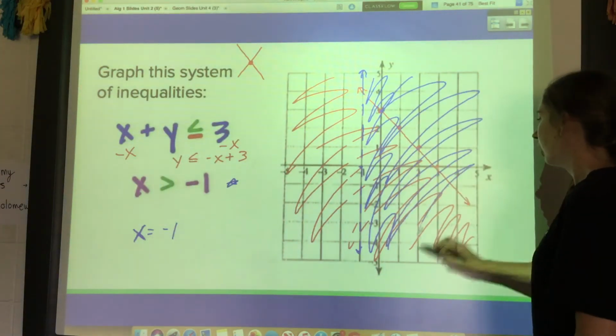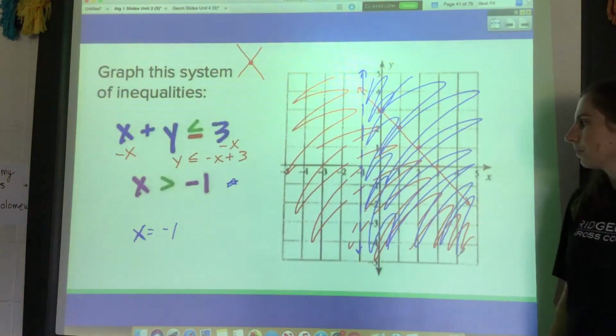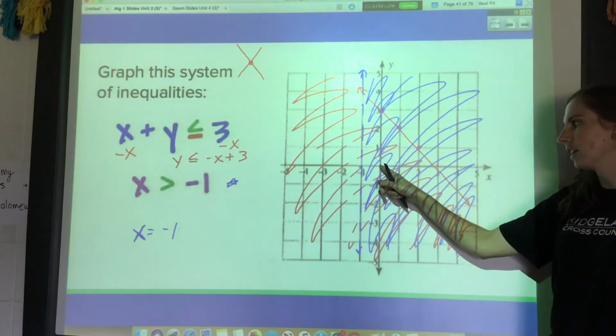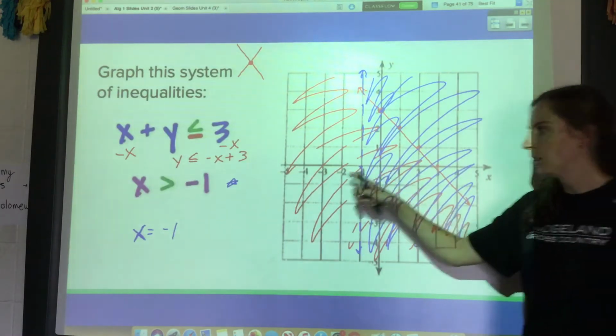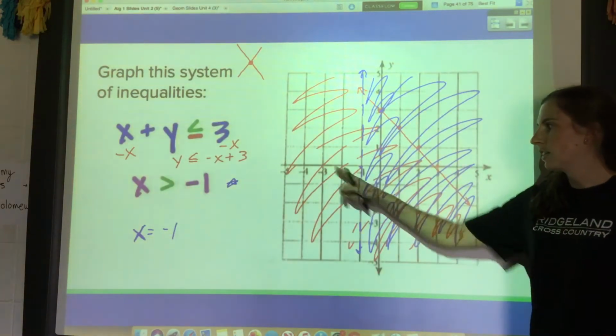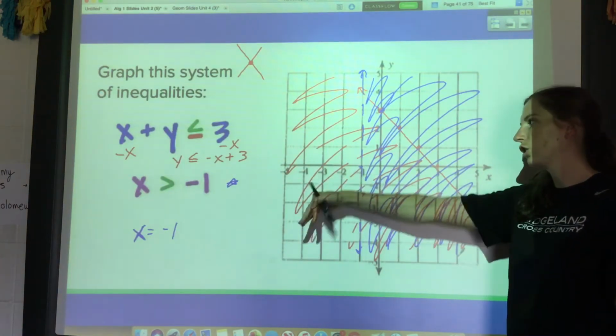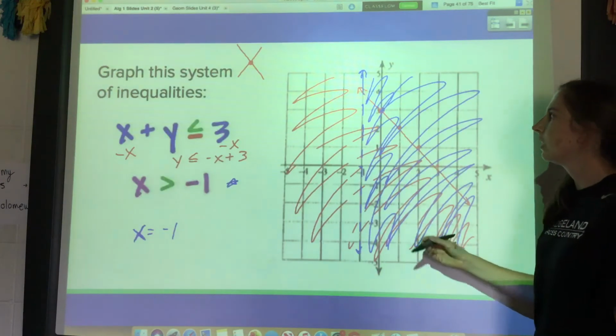If you weren't sure about that, another way to figure it out is just pick a point. Like this right here. Is 0 greater than negative 1? Yeah. Is negative 4 greater than negative 1? No. So we don't shade that way, we shade this way.